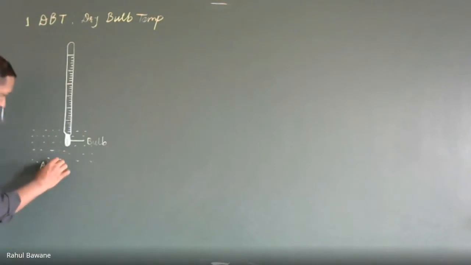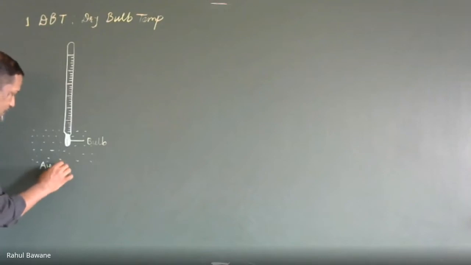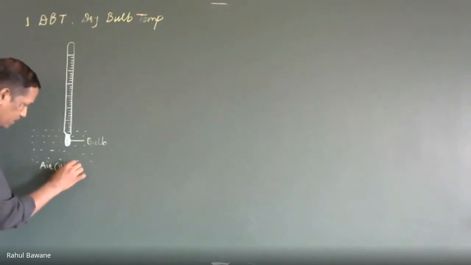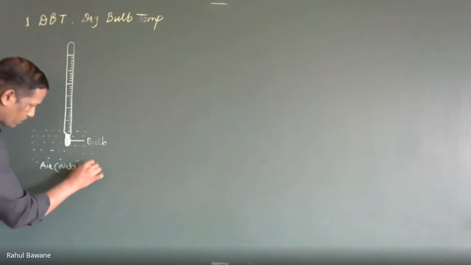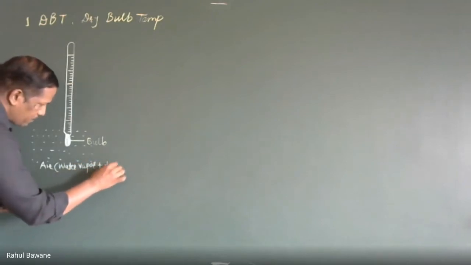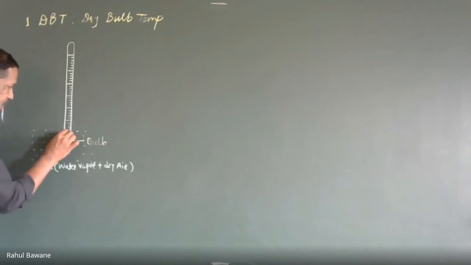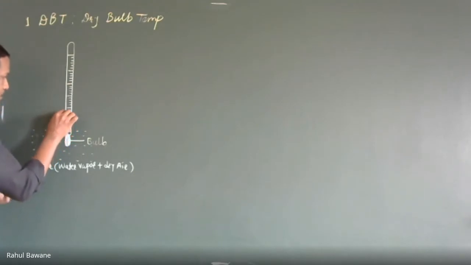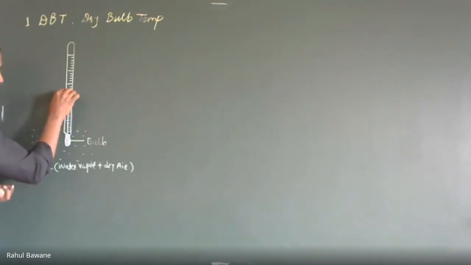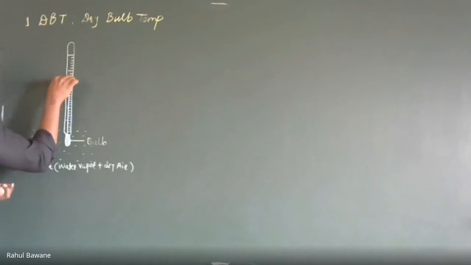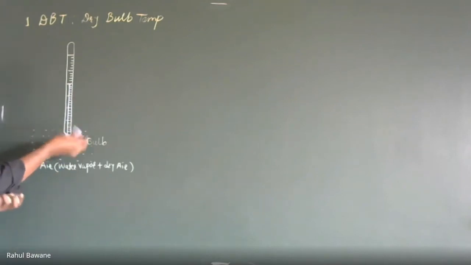So whatever be the temperature of this air, and already I said air is nothing but a mixture of water vapor plus dry air, this bulb will expand its mercury content and the mercury will rise through its capillary and expand till it comes to an equilibrium.